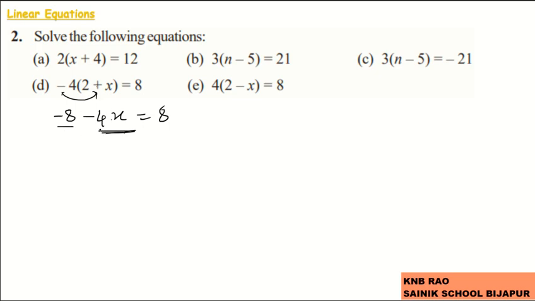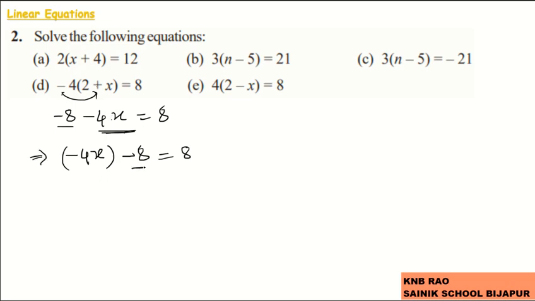If you are finding it difficult, first write the variable term along with its sign, that is minus 4x, minus 8. This number also along with the sign I wrote, equals 8. We can write the above equation like this.